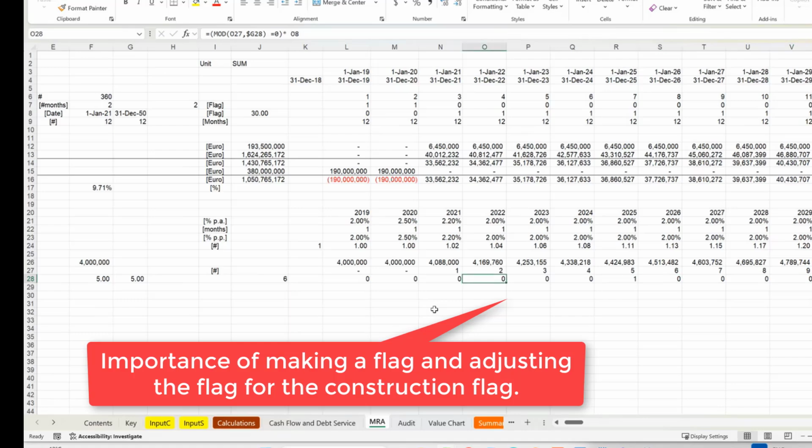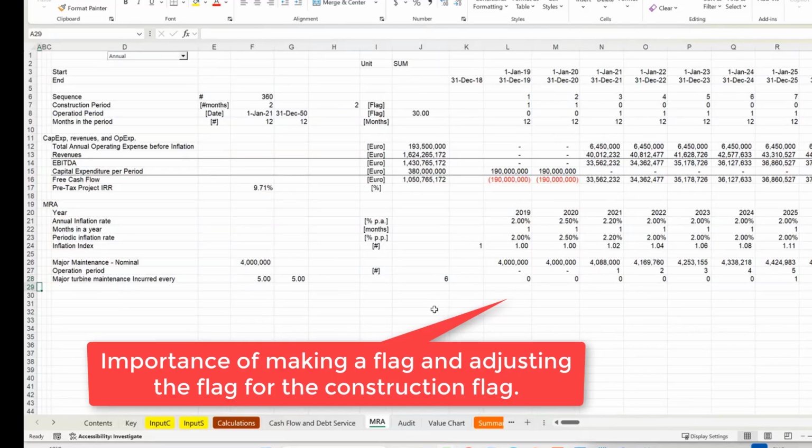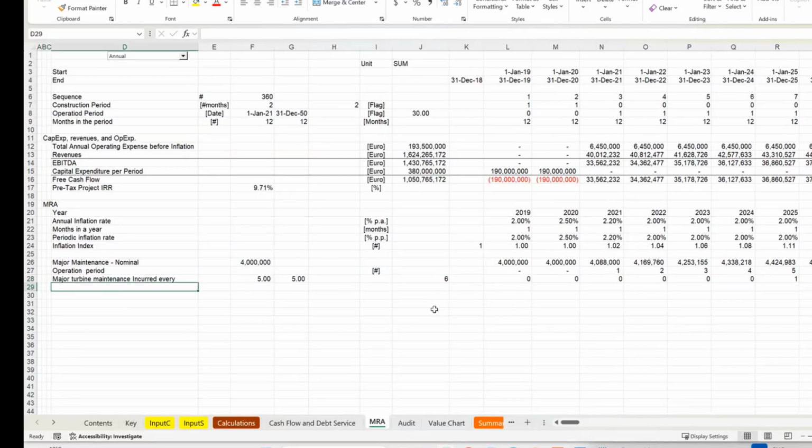As soon as we hit the 1, we're going to start a new maintenance period. Let's do it the wrong way first. So go down and I would put major maintenance counter. This is the big deal, and it's taken me ridiculous amounts of time to get right. Go to column L.